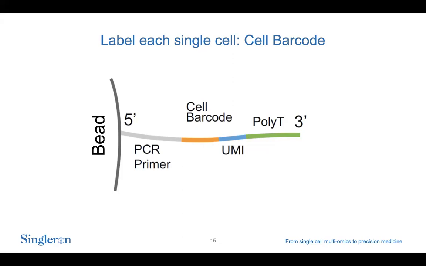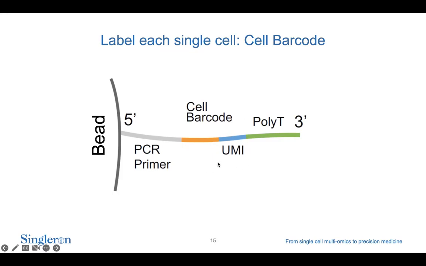During the bioinformatic analysis, once we label the mRNAs with the cell barcode, afterwards we put them together, and during the bioinformatic analysis, we can again split them into the individual cells they actually come from. So we know that all the mRNAs which have the same cell barcode came from the same cell. This is basically the trick for how single cell sequencing works.